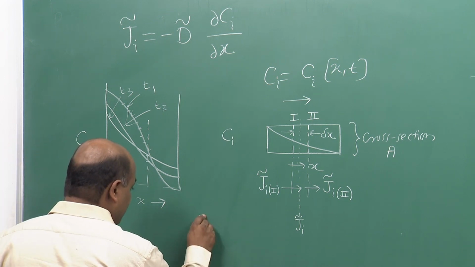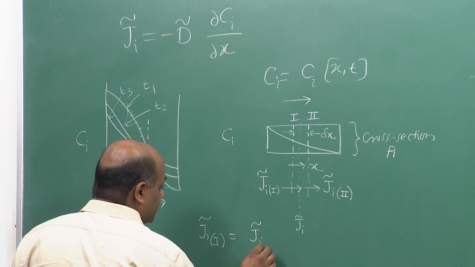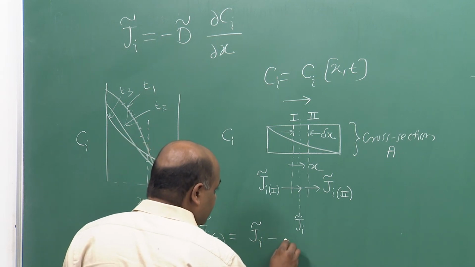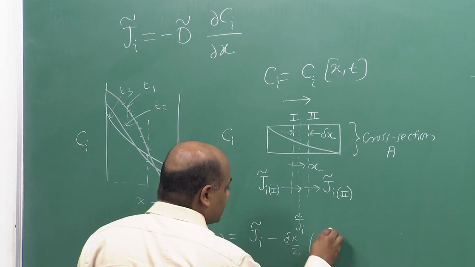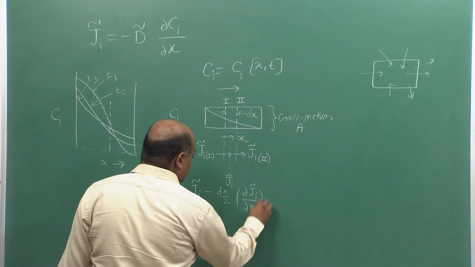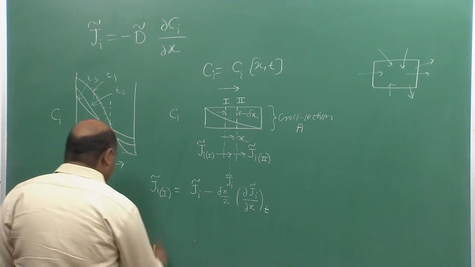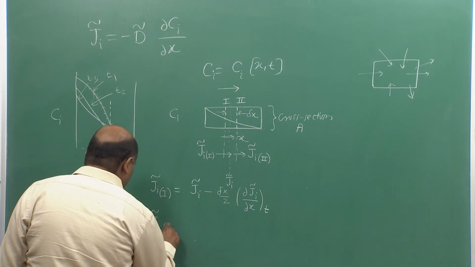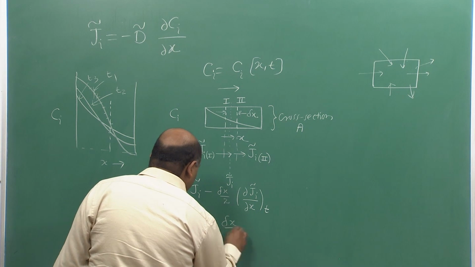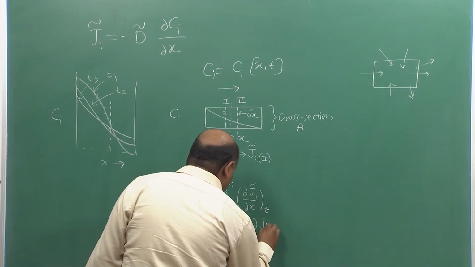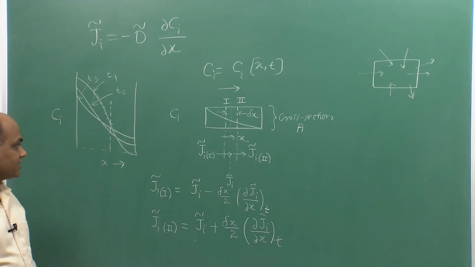So, I can write J I tilde at 1 is equal to J I tilde minus delta x by 2 times the gradient of flux, dou J I tilde by dou x, at this given time t. And similarly, J I tilde at 2 I can write as J I tilde plus delta x by 2 times dou J I tilde by dou x, the gradient I am considering at the given time t here.